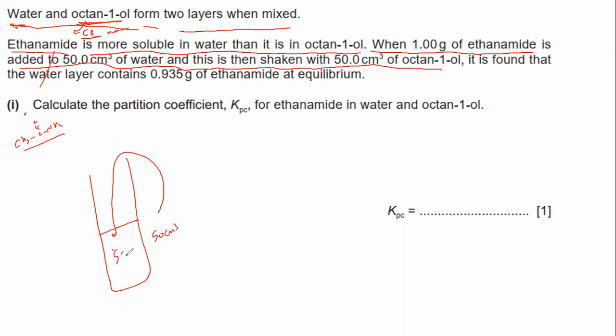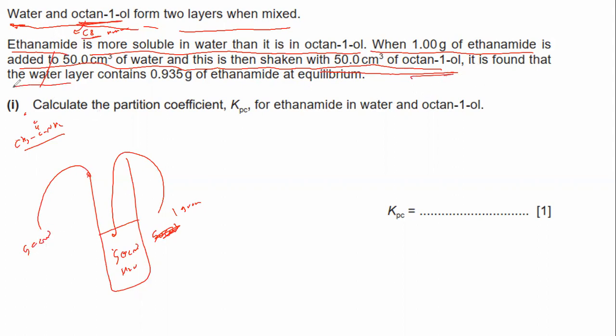So here we have 50 cm³ of H2O, and to it we are adding 1 gram of ethanamide. After that, this is shaken with another 50 cm³ of octane-1-ol.